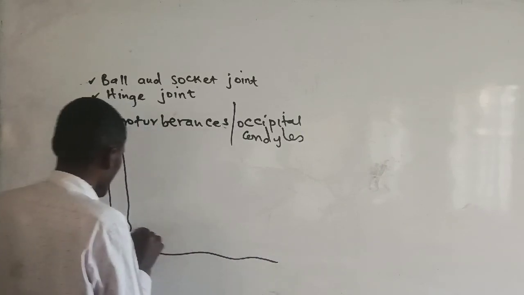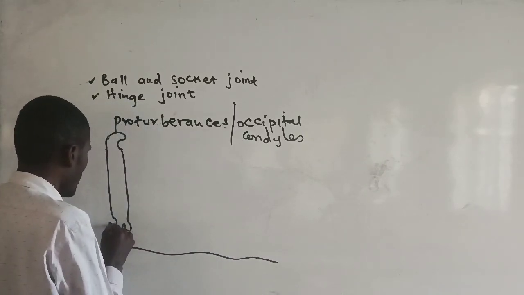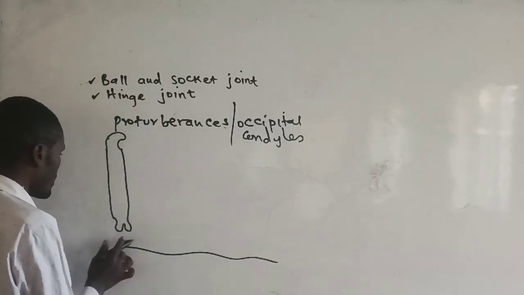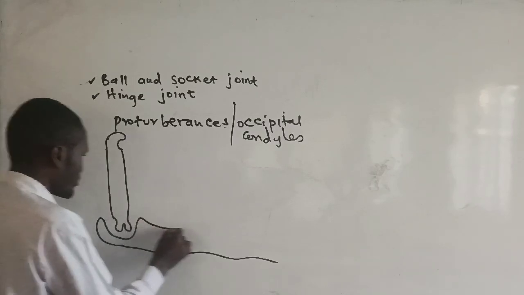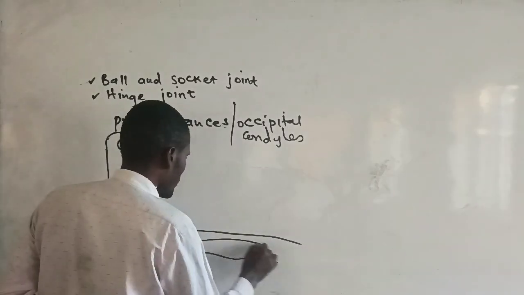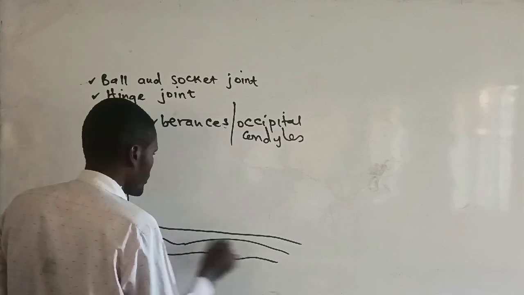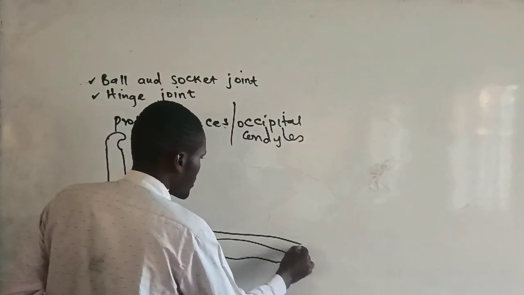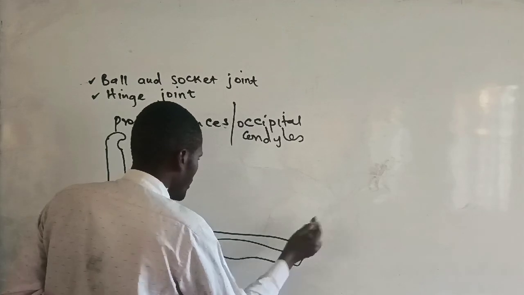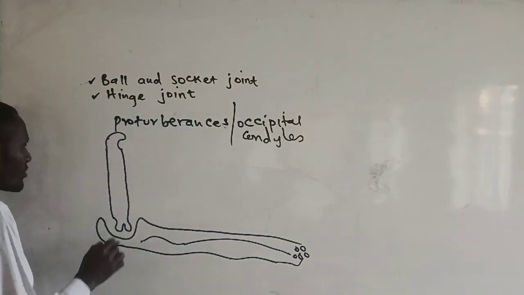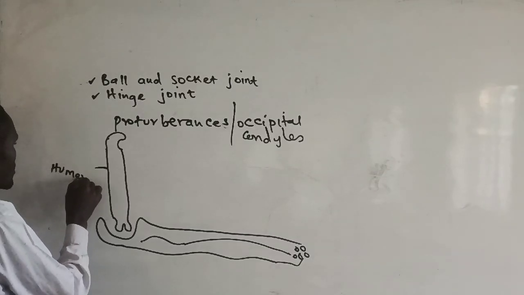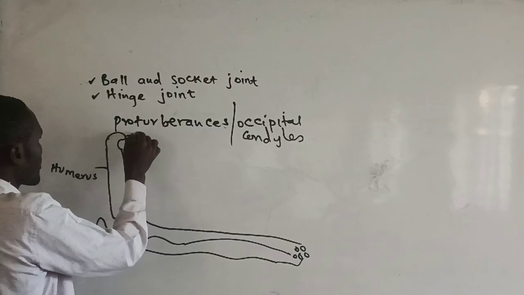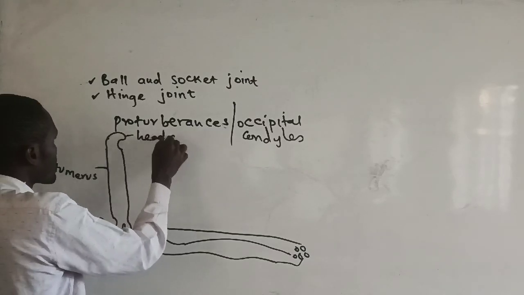So we have this as our radius and ulna. Okay, just a sketch to indicate what you need to know. Fine. So this is my humerus, and this preferably becomes the head of the humerus.